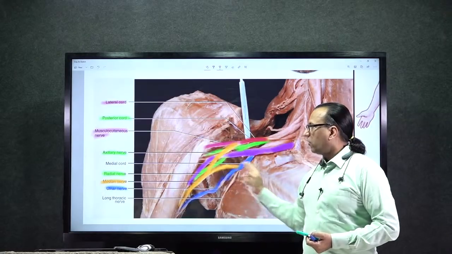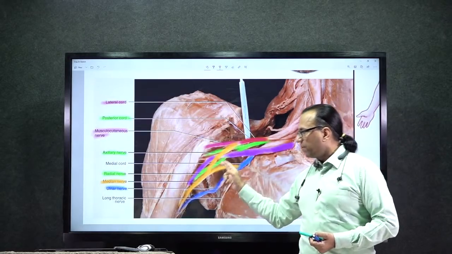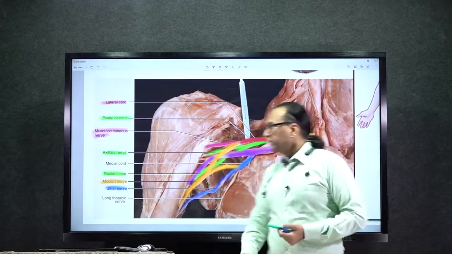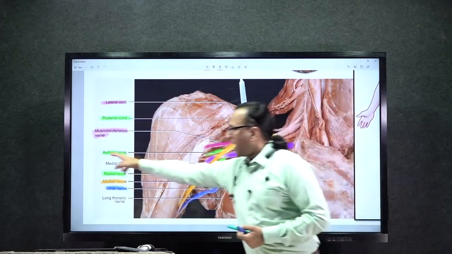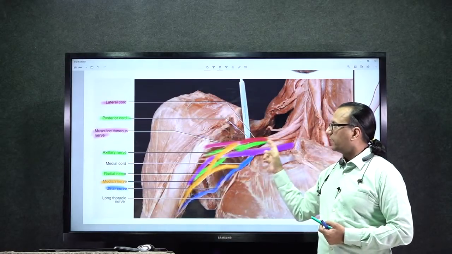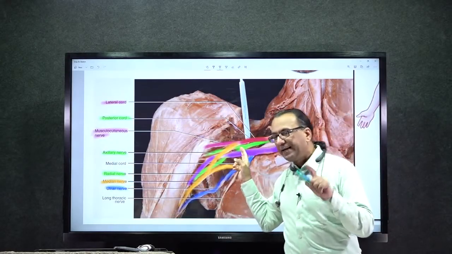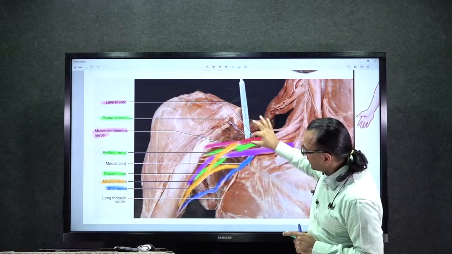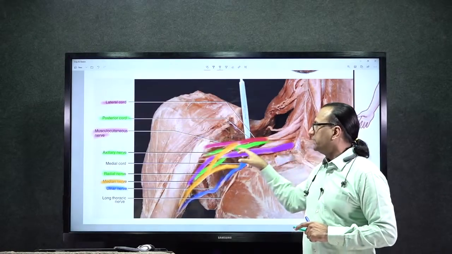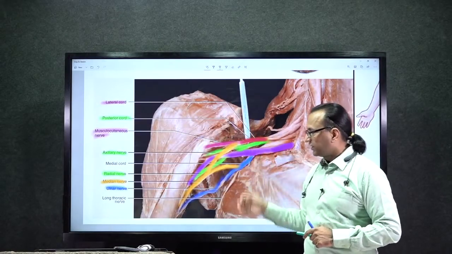So the lateral cord and medial cord together give roots to form the median nerve. Then where are the radial nerve and the axillary nerve? They come from the posterior cord of the brachial plexus, which you could see only if you remove this artery. This artery was here, so you have removed it. Then only could you see the posterior cord of the brachial plexus.